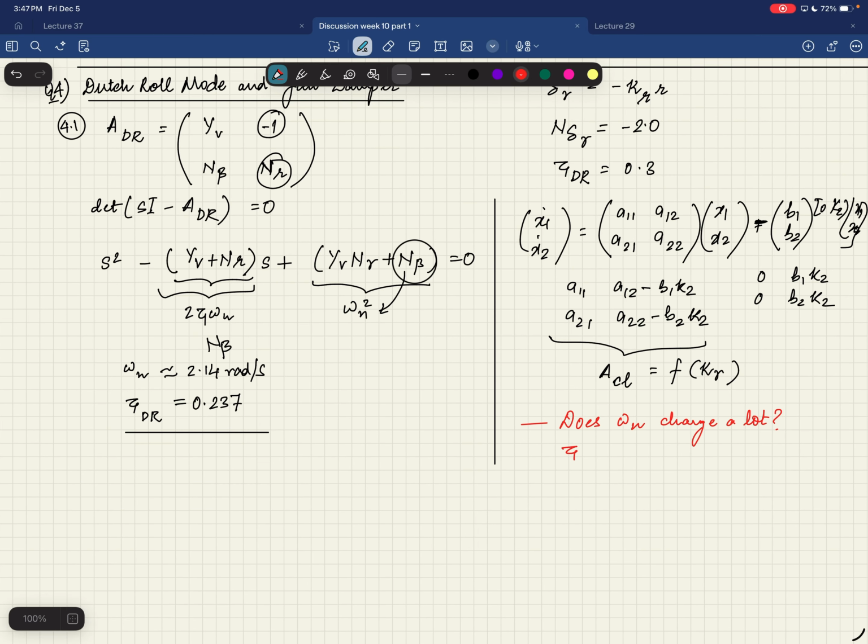Also try out, what if I wanted to change it to 0.5, 0.75 and even 1? You will see that the natural frequency won't change even at 0.5, at 0.75, but suddenly when you put 1, what's going to happen to the natural frequency? What happens when zeta is 1? It becomes critically damped.